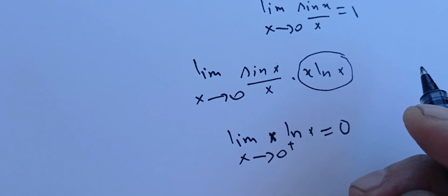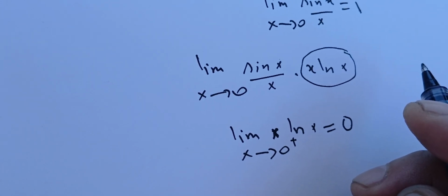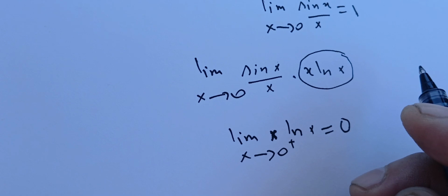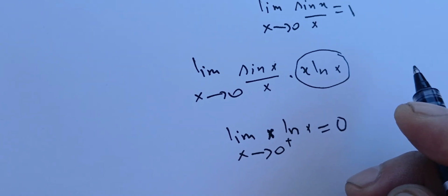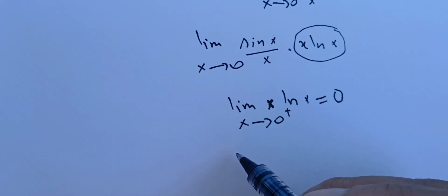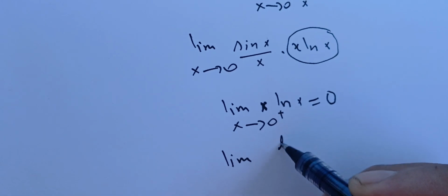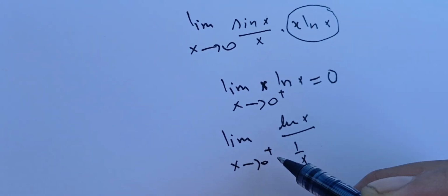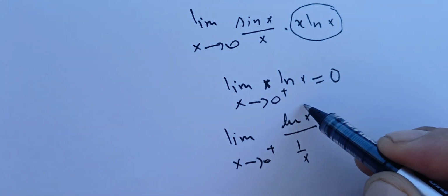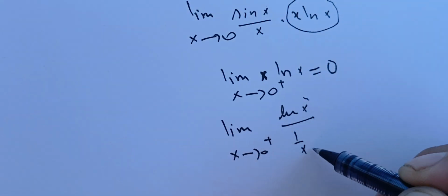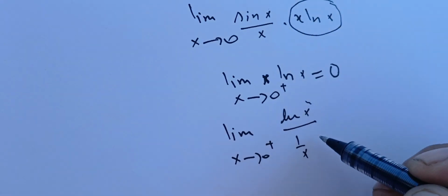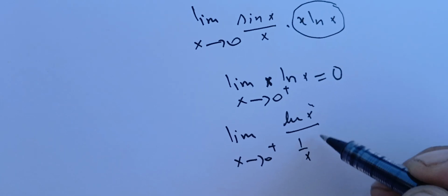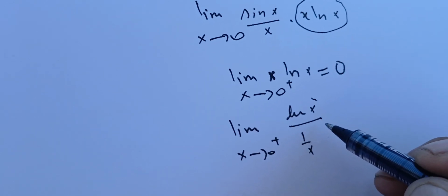One key idea that we can use here is that we can write this limit as the limit of the natural log of x over 1 over x as x goes to 0 plus. Here we're going to have minus infinity over infinity, and we can apply L'Hopital's rule.